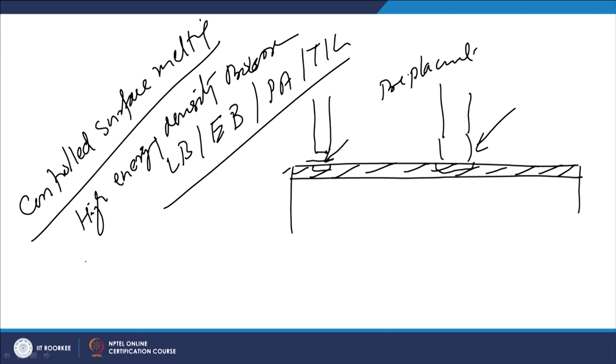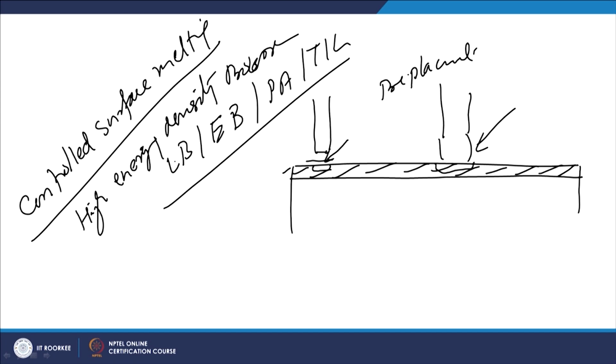Only condition is that energy density has to be high, so that faster melting is facilitated, and the melting of the base metal in combination with the alloying element to be introduced is realized. So, the controlled melting of the substrate as well as controlled melting of the alloying elements is done for proper intermixing of the two, so that the surface composition can be modified.